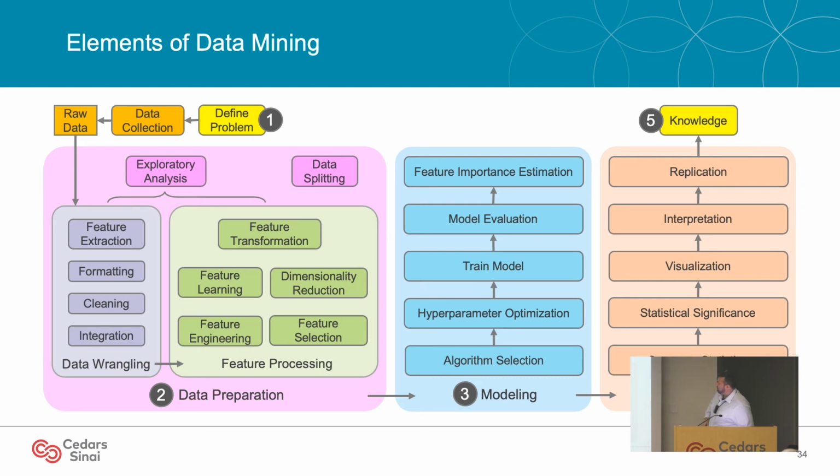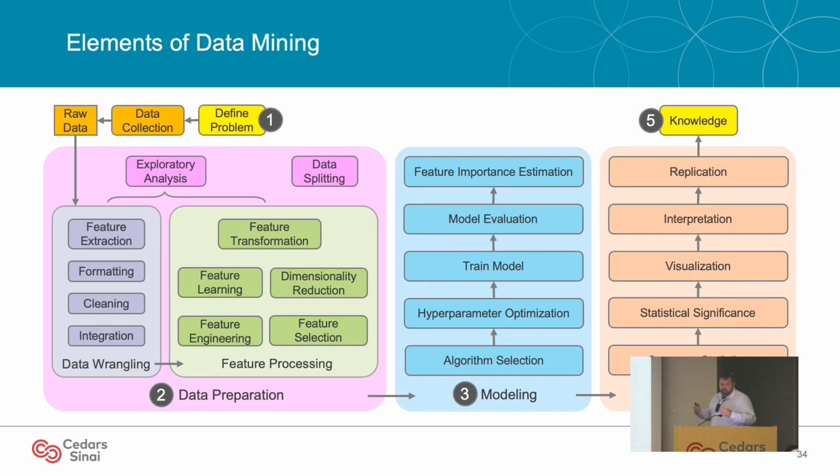Let's go back to data preparation and take a look at what's inside there. It includes things like an exploratory analysis, data wrangling, which includes things like feature extraction, formatting, cleaning, and data integration. Also in this data preparation zone is something called data splitting, which is super important to machine learning, and we're going to cover this in a little bit more depth than some of the other topics.